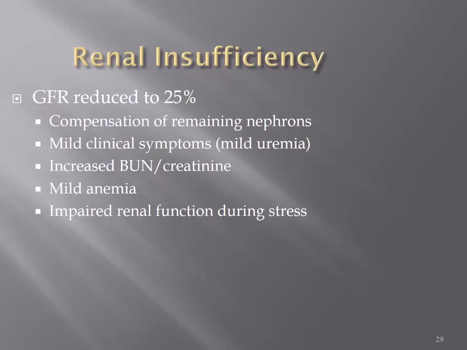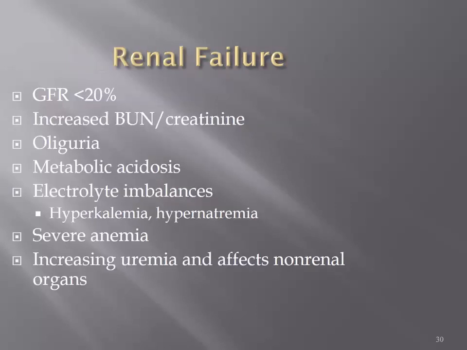The renal function is impaired, and this is a very easy explanation. There is more and more blood circulating through the kidneys, and the rate and the need for filtration is increased. So a stressful situation will affect kidney function, and it will actually reduce it.